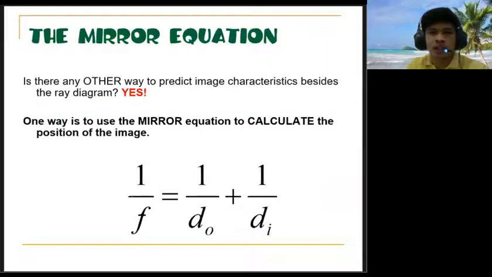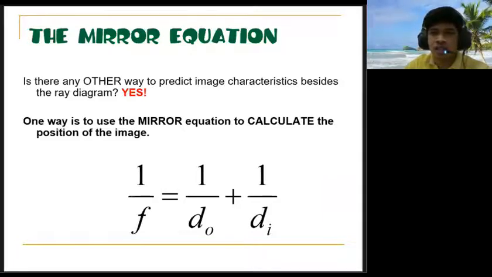This is what we call the mirror equation. It is another way to predict the characteristics of the image besides the ray diagram. One way is to use the mirror equation to calculate the position of the image.